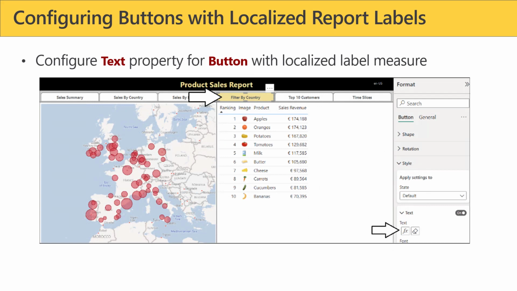Now, once you've got your buttons in place, as we saw in the previous slide, we configure a button click to apply a bookmark for navigation, but we also have to worry about the text, the caption shown to the user. So just like we did in the previous example, we're going to go to the text property of the buttons here, and we're going to assign each one to basically have its text pulled from a measure in the translated localized labels table.